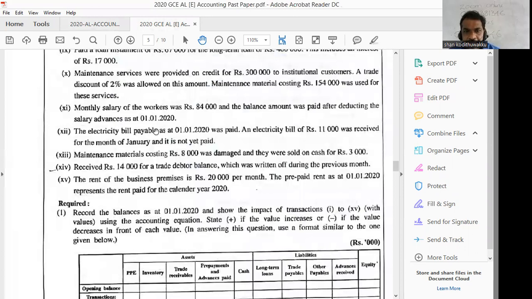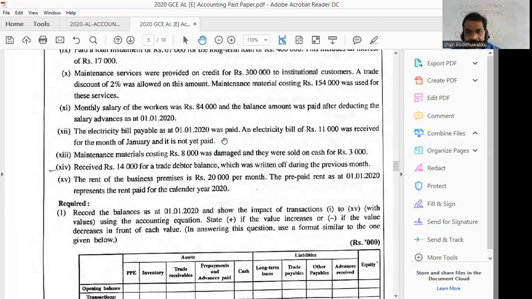The electricity bill payable as at 1st January 2020 was paid, and an electricity bill of 11,000 was received for the month of January, and it is not yet paid. You know, normally the current month electricity bill will be paid in the following month.